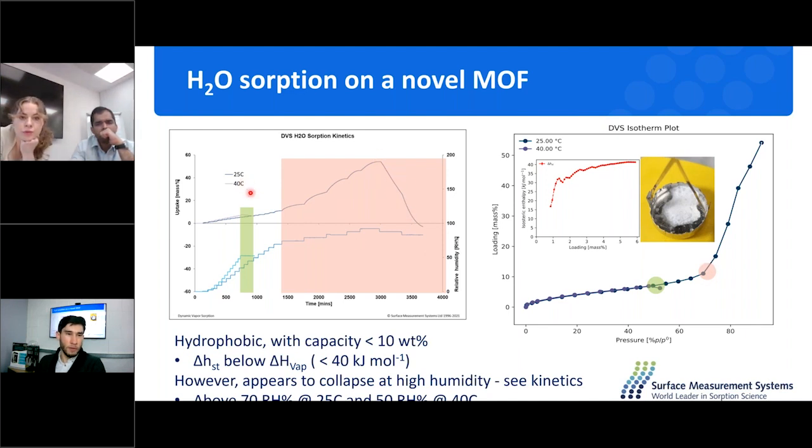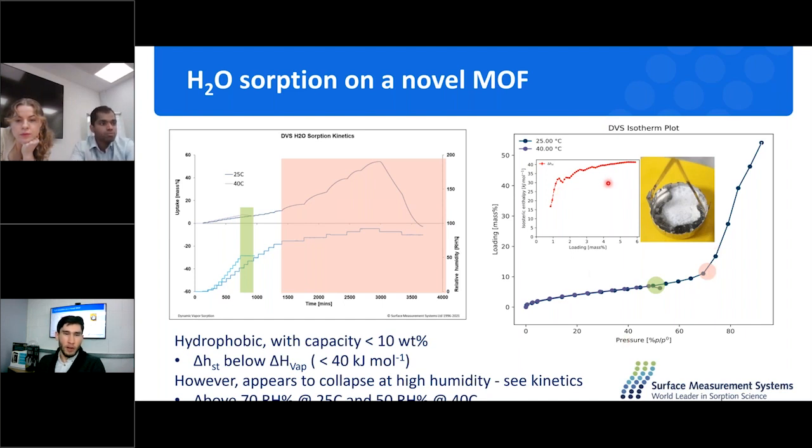When we went up to 40 C, we see the same thing happening a little bit earlier, at around 50% RH. Investigating the sample after the experiment, you see it sort of bubbled here. So it looks like the material is starting to degrade at higher humidities.